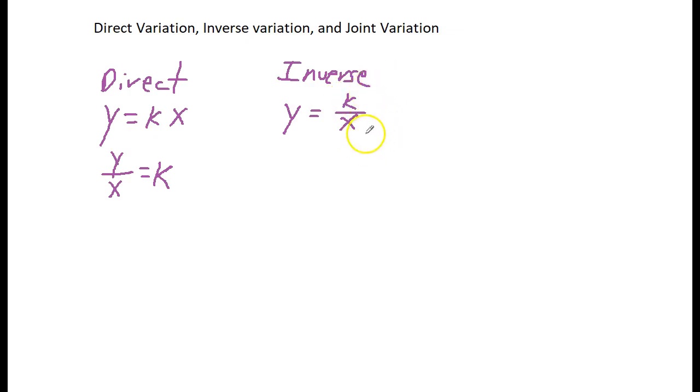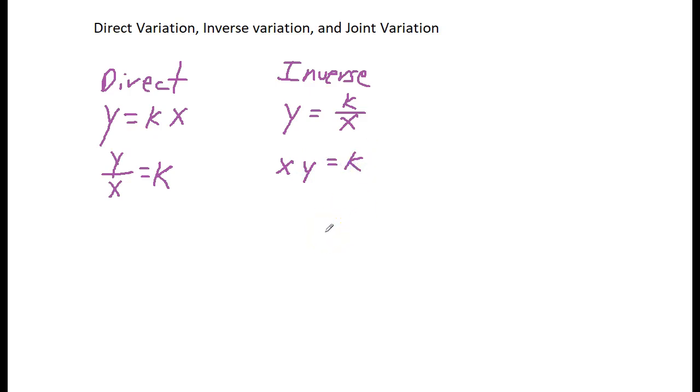It's like saying 1 over x times k, which gives you k over x. Now, if I were to multiply both sides by x to have x and y on the same side of the equal sign, I would get x times y equals some constant k.